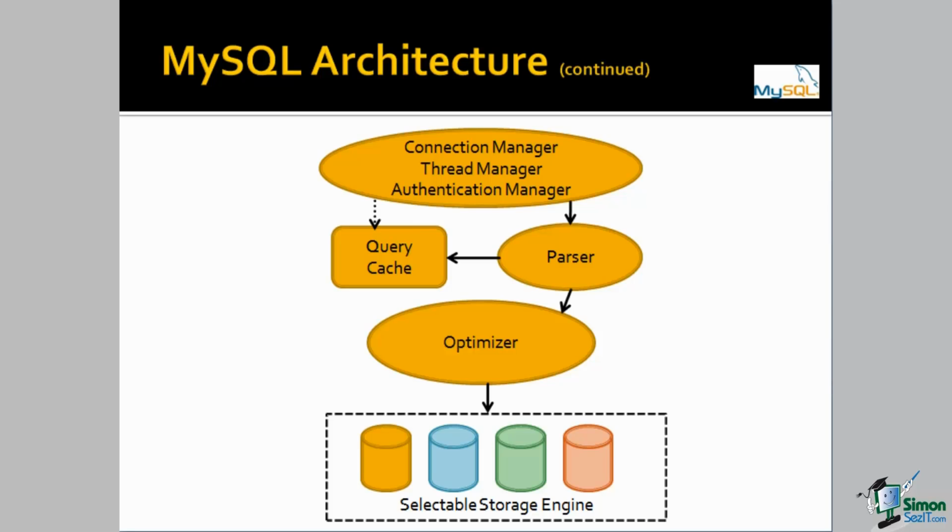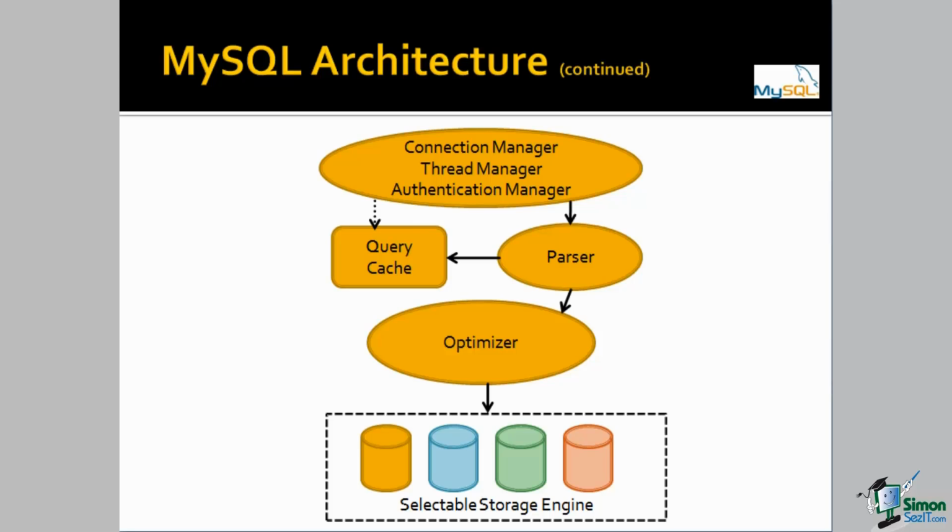So the next step after getting a connection to the database server is to parse the query. And as we'll see, this is actually a fairly complex process. But in this case, logically, the next step is the parser components. Once the query is parsed, we have two possibilities.